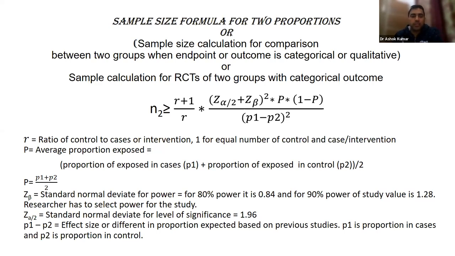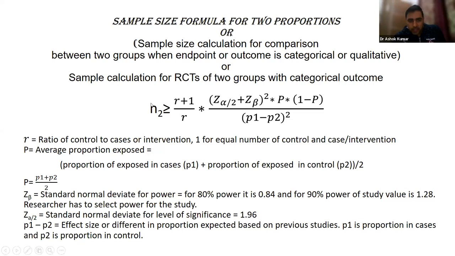Or we can say sample size calculation for RCTs, randomized controlled trials of two groups with a categorical outcome. So for two groups and RCT, the sample size formula is, you can see here, it is looking difficult for you, but one by one we will discuss, okay?